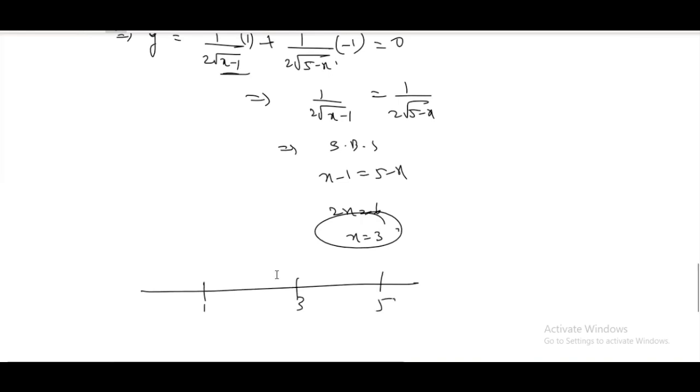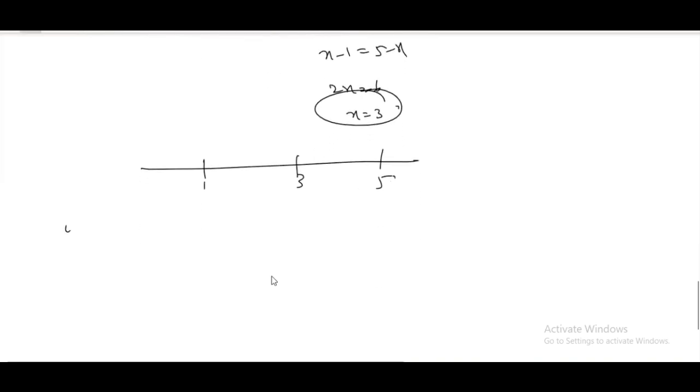So let's see where y will be minimum. Let's check by substituting x is equal to 1 or 5. Otherwise, we can just substitute in root over x minus 1 plus root over 5 minus x.